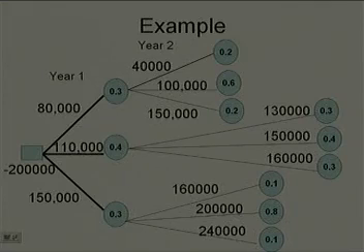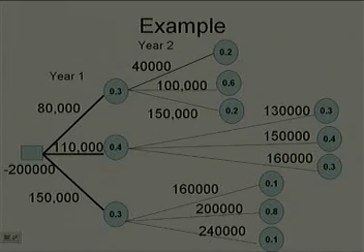So, see the term and. The probability that I will get 80,000 in year 1 is 0.3 and the probability that I am getting a return of 40,000 in year 2 is 0.2. So, the joint probability would be 0.3 multiplied by 0.2, which would be 0.06.